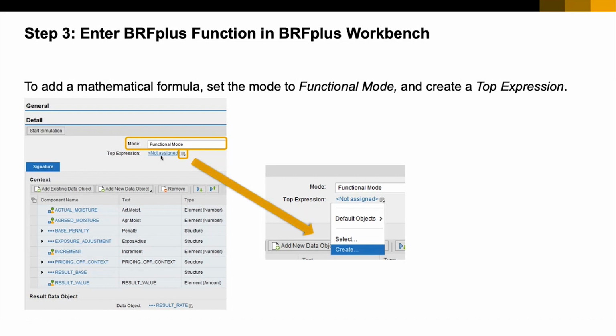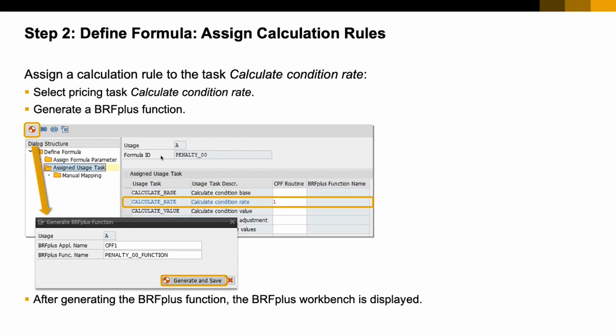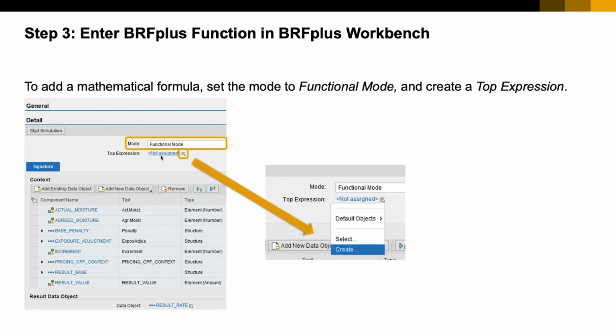You just create an ID in this step, but you did not create the actual formula itself. So you create a formula, and if you see down below here, the outcome of the formula which you create would be passed on to this result rate. And that result rate, whatever the calculation, would then be passed on to your logistics document.